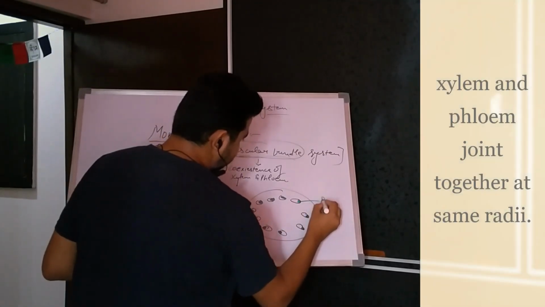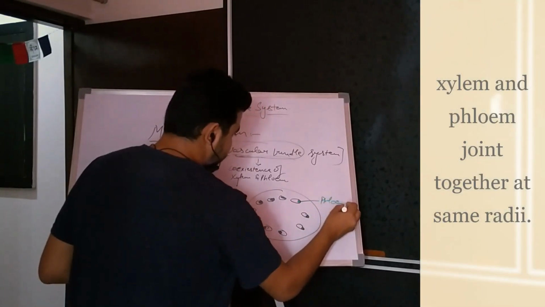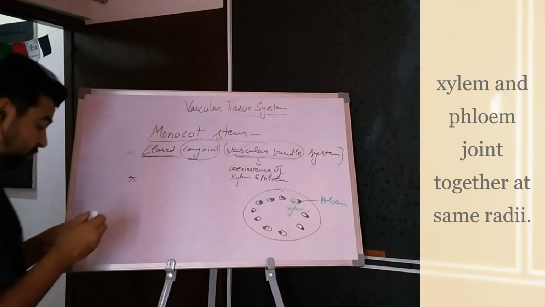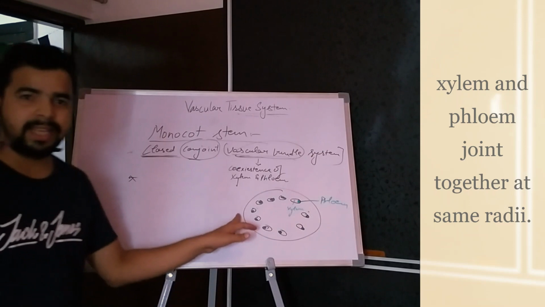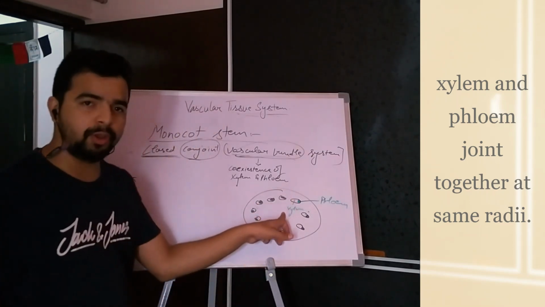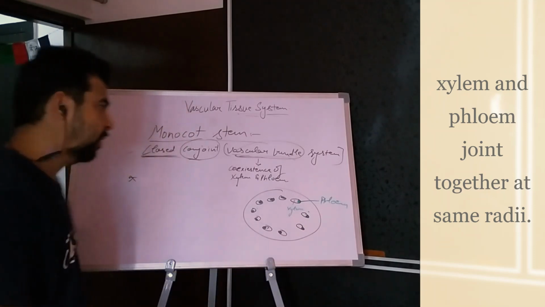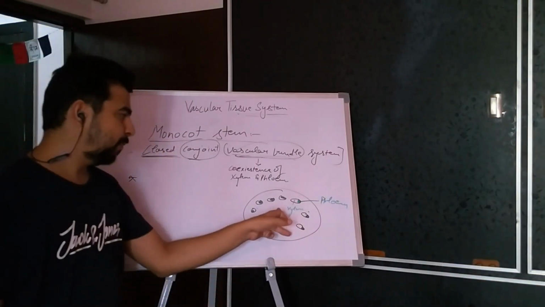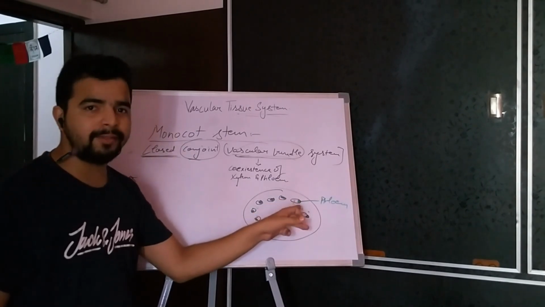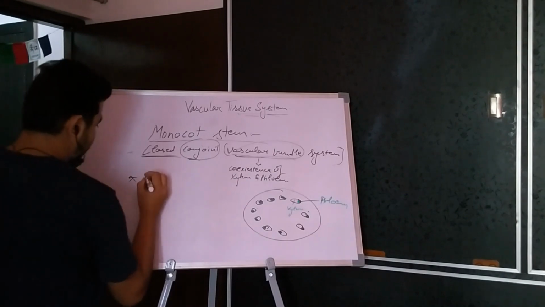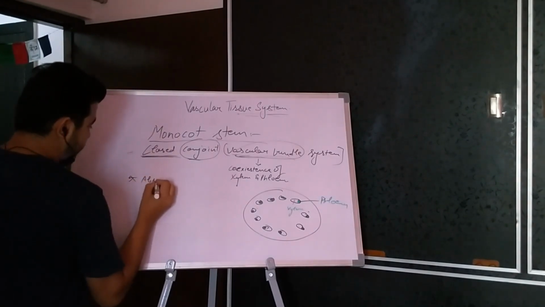We can also see that they do not have cambium. Monocots have no cambium.